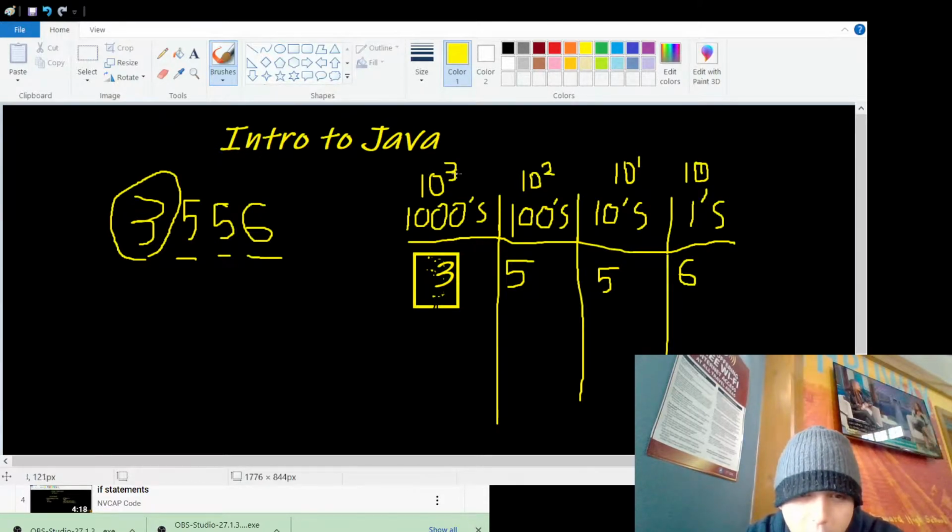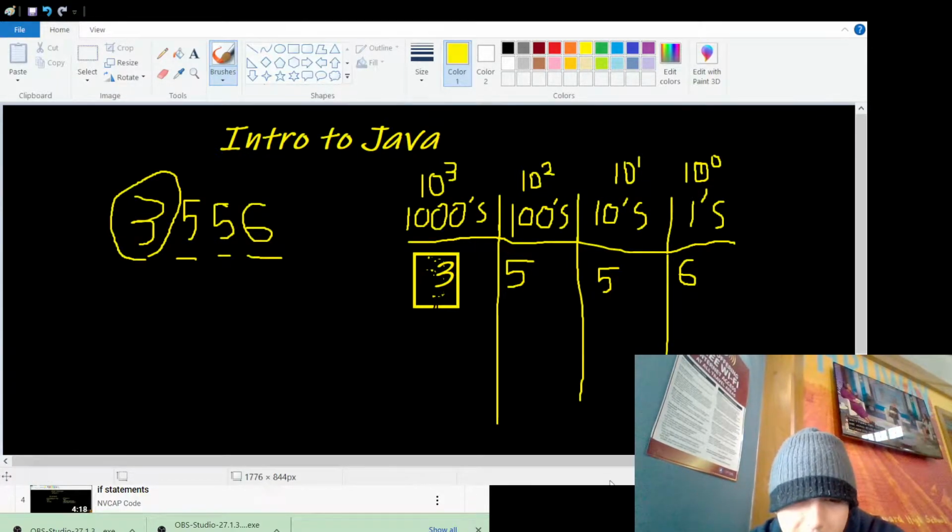But if we follow the order, 10 to the 3rd is 1,000, 10 squared is 100, 10 to the 1 is 10, just count it down: 3, 2, 1, it's 0. So 10 to the 0 is 1.